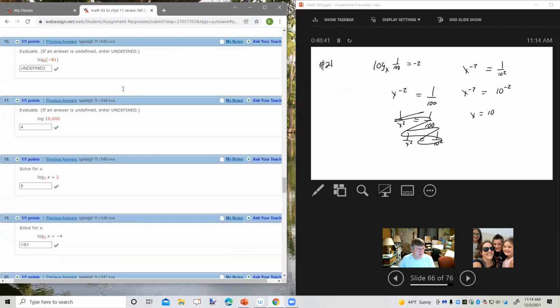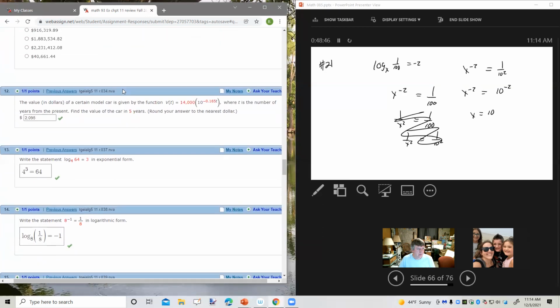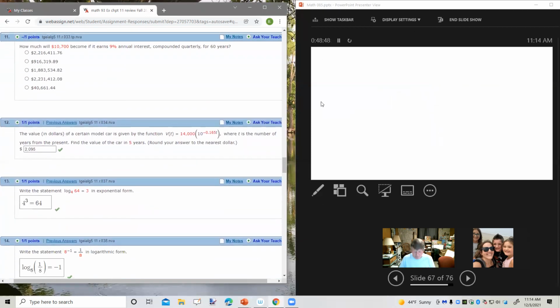Let's see here. Any that I didn't do? Here's one. Okay. Number 11, how much will $10,700 become if it earns 9% annual interest compounded quarterly? Okay, so it's not continuous. So the beginning amount is $10,700. Annual interest rate, 9%.